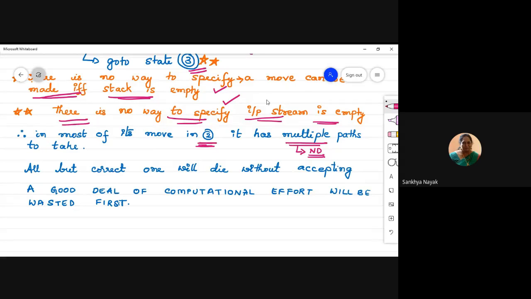In case of PDA, it's very important to remember that for many NPDAs, that is non-deterministic PDAs, there may not be equivalent deterministic PDAs. For many, not for all.